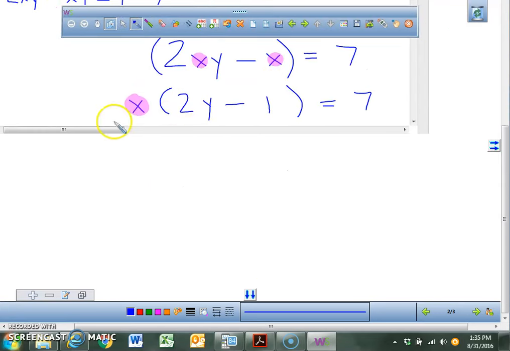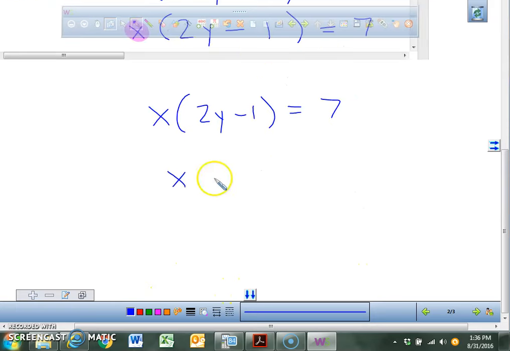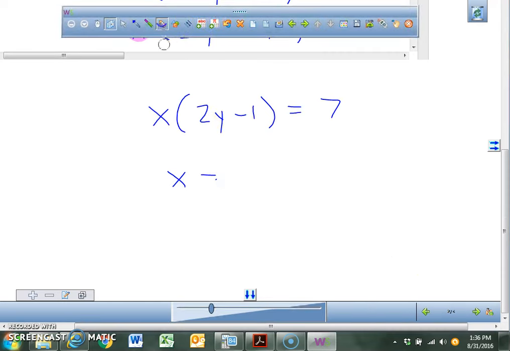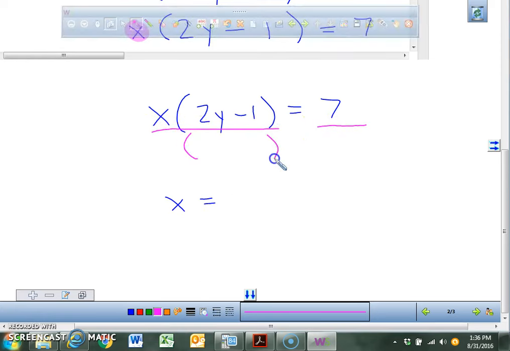Now, I'm going to go down here and rewrite it. I have x times the quantity 2y minus 1 equals 7. And the reason I'm rewriting it is I want you to see the very last step. The last step that you would need to solve for x, where we get this answer called x equals something, is we also have to divide both sides by the expression that is being multiplied to the x.